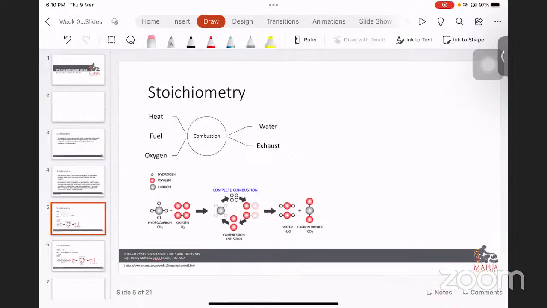So if you have that heat, fuel, and oxygen, meron kang combustion process, nagsama-sama na yung hydrocarbons sa yung oxygen mo. And with that, energy is released. And with that, the reactants formed into water and exhaust.